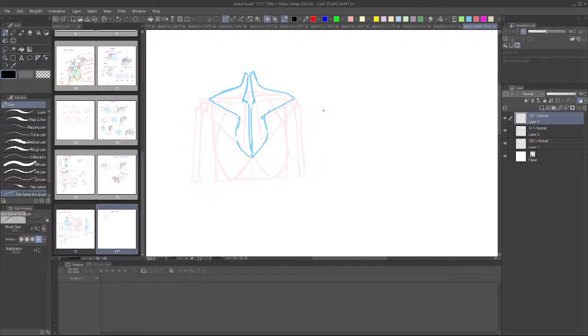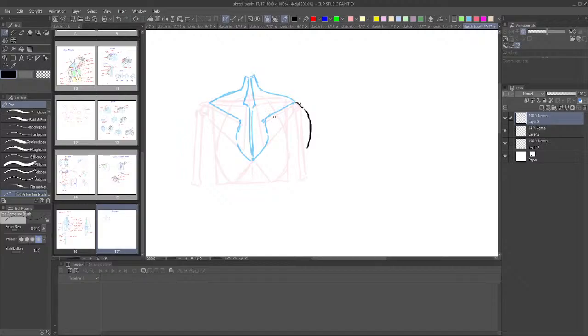Then let's finish up with the deltoids. You have the top part like this, goes up to the center like that.